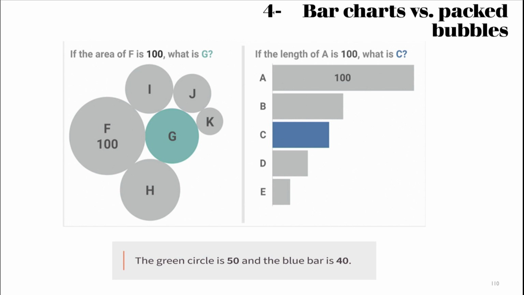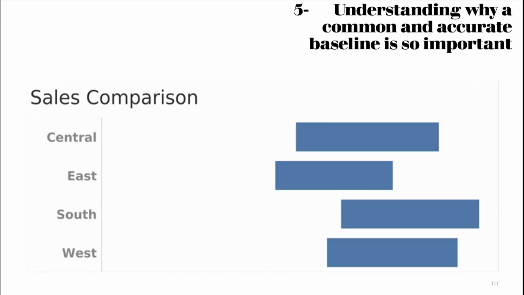I bet most of you guessed C correctly, and not a lot guessed that G is 50. Our brain is not used to understanding the size of circles.